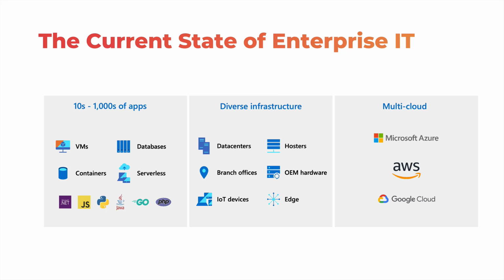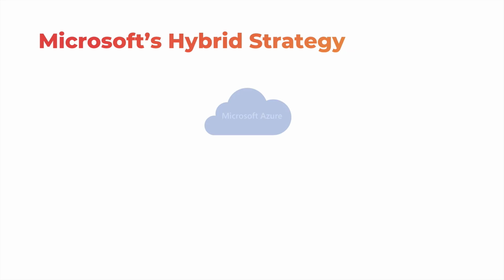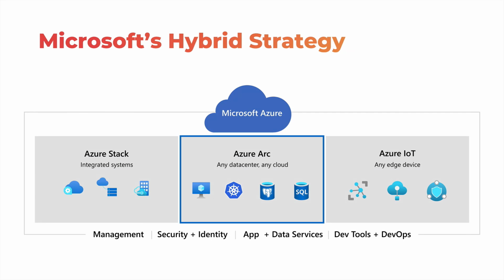Last year at Ignite, Microsoft launched what is called Azure Arc, and this is becoming the cornerstone of Microsoft's hybrid and multi-cloud strategy. Microsoft is the only platform company that handles the entire spectrum.